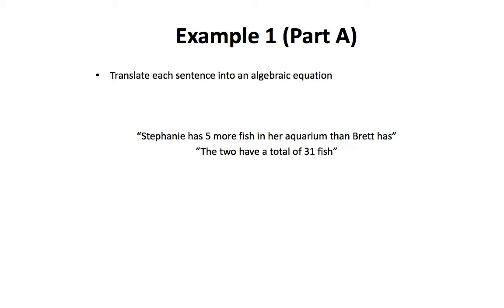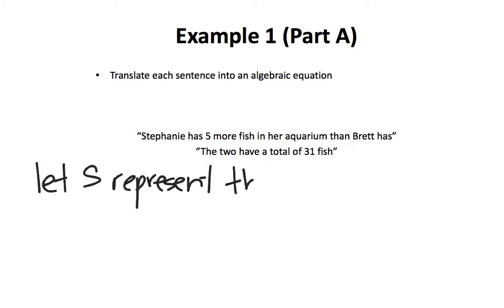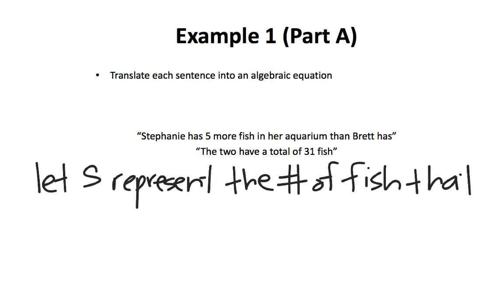We're going to begin with our let statements. Let S represent the number of fish that Stephanie has.